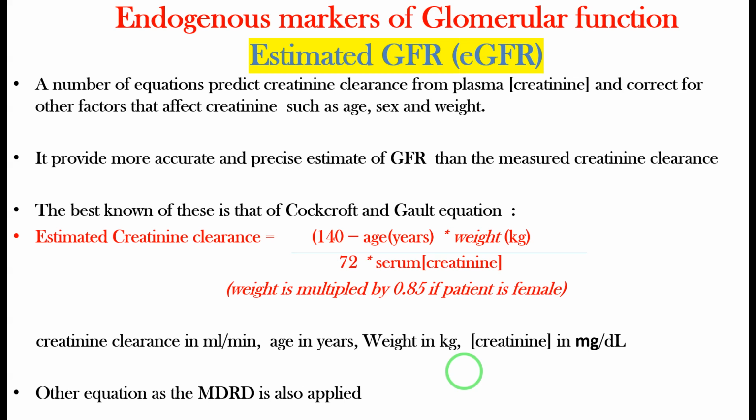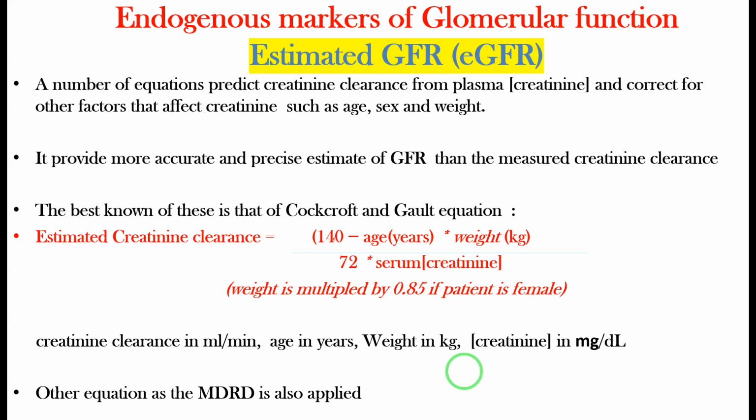They found that this way may be better because measurement of both plasma and urine concentration may be more difficult than measurement of plasma creatinine alone, and because creatinine is found mainly in the muscle and reflects the muscle mass, the age, the gender, and the weight all affect the creatinine level.